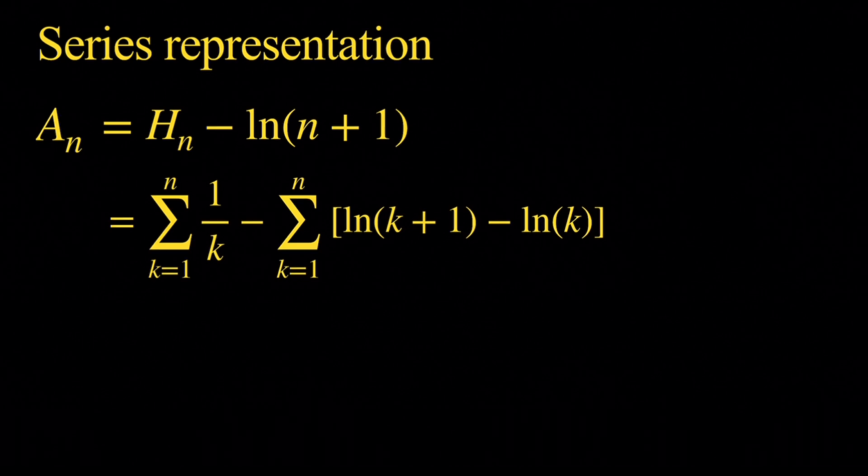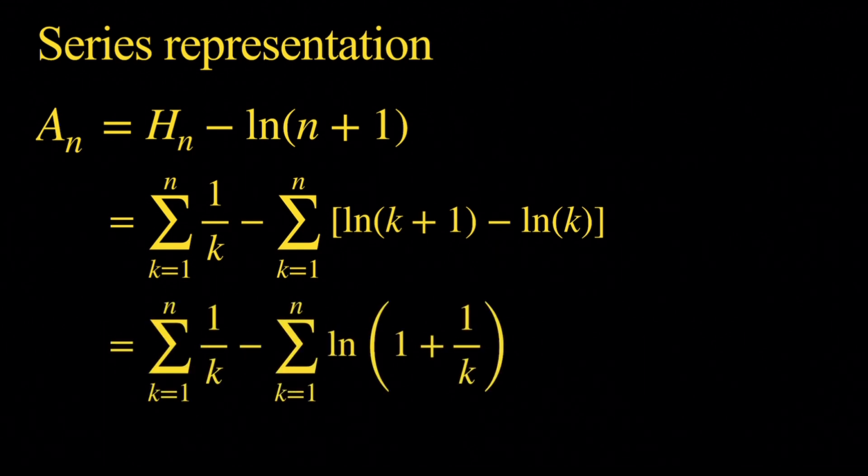Notice that natural log of n plus 1 can be written as a telescoping sum: the sum as k goes from 1 to n of natural log of k plus 1 minus natural log of k. Then we can combine these two logs using the quotient rule and finally combine the two sums.